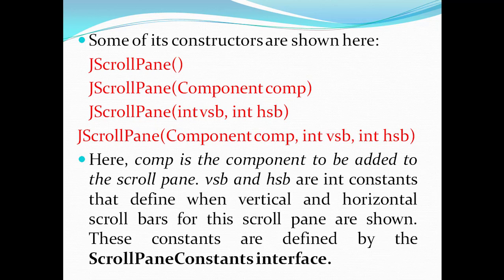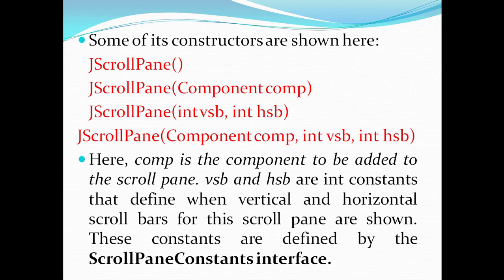Fourth constructor, JScrollPane(Component comp, int VSB, int HSB). Here comp is the component to be added to the scroll pane. Scroll pane is nothing but the rectangular area. In that area, which component we are going to add, that is specified by using comp.